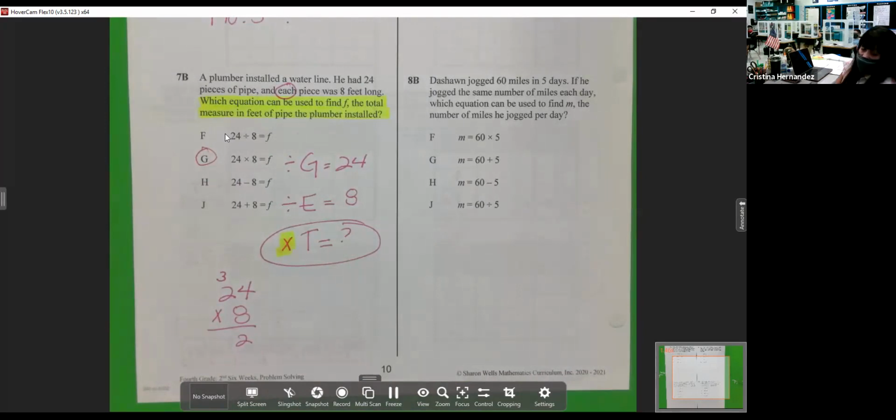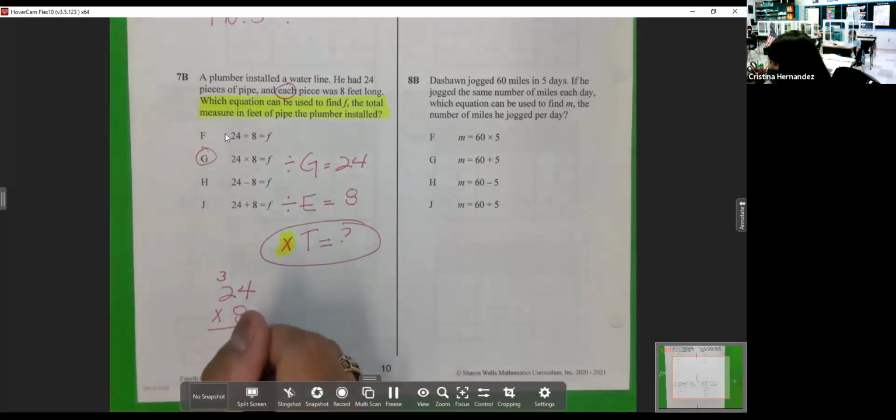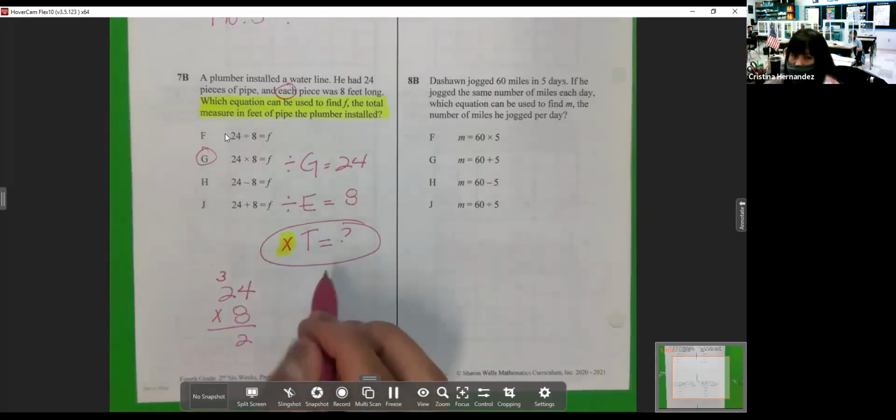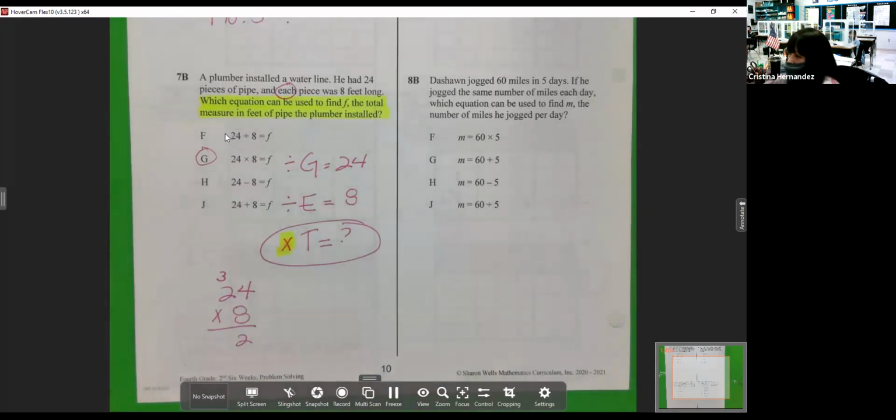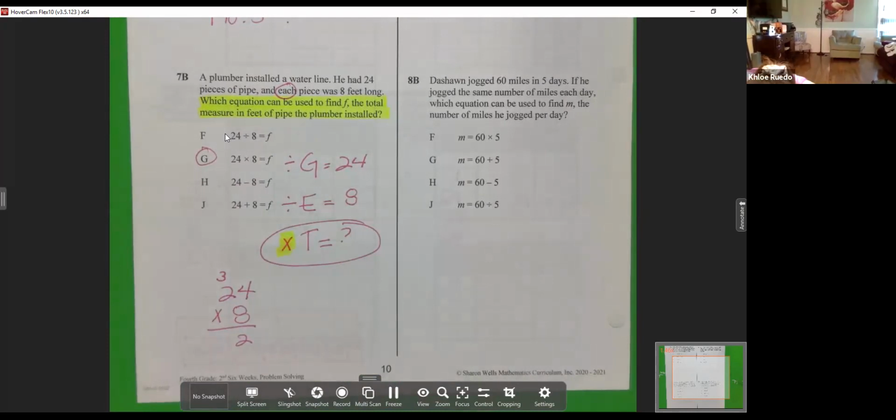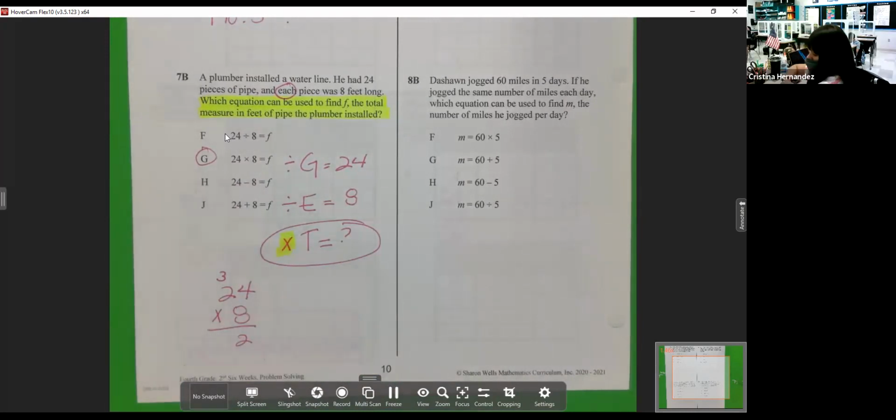Y'all can solve it if you want to. What did y'all get for your answer if you multiply? G, yeah, but let's solve it.